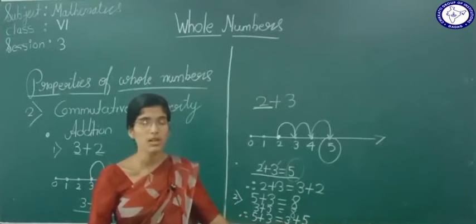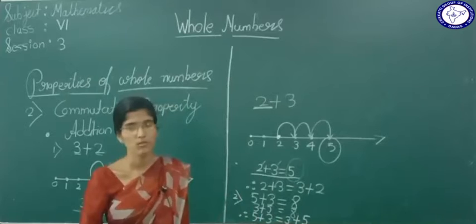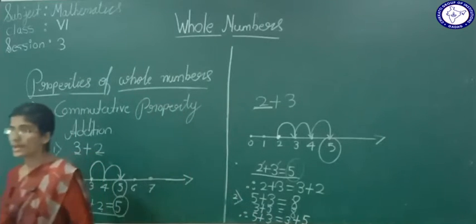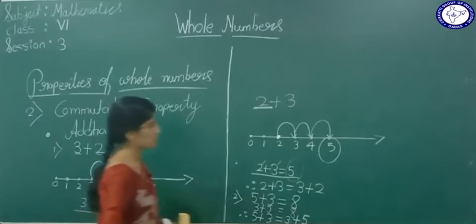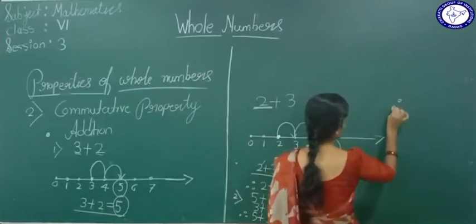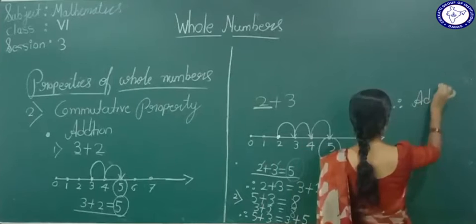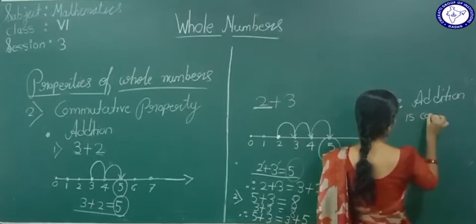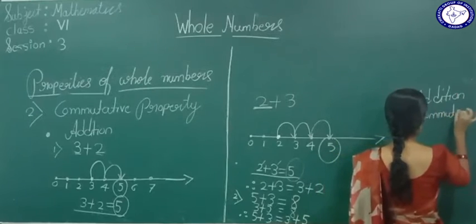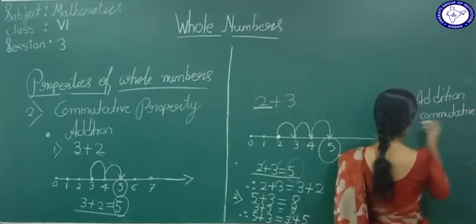This is nothing but the commutative property. What we can tell here is addition is commutative for whole numbers. You can take any example. Therefore, addition is commutative for whole numbers.